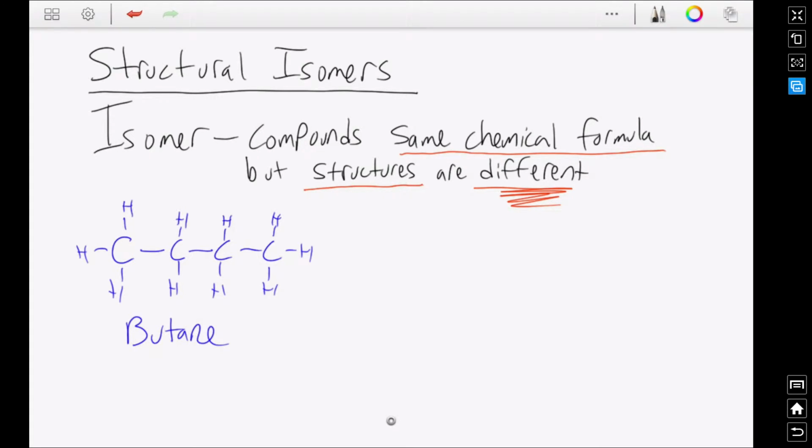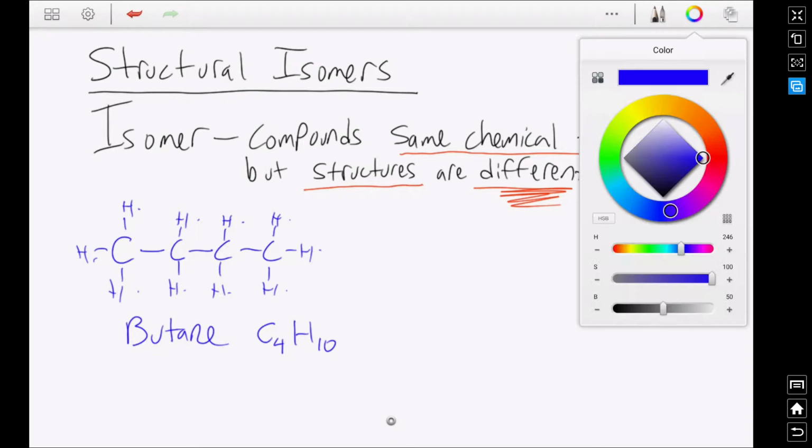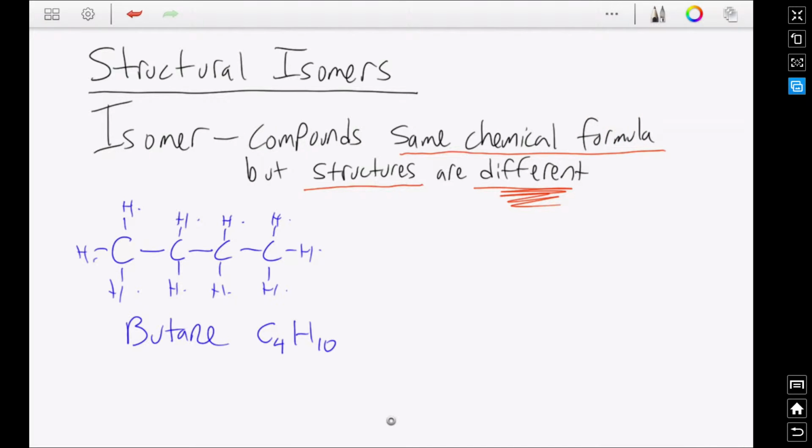Butane has the formula as follows: C4, because there's 4 carbons, and H 1, 2, 3, 4, 5, 6, 7, 8, 9, 10. So C4H10.